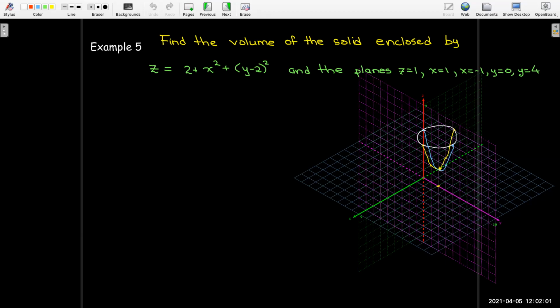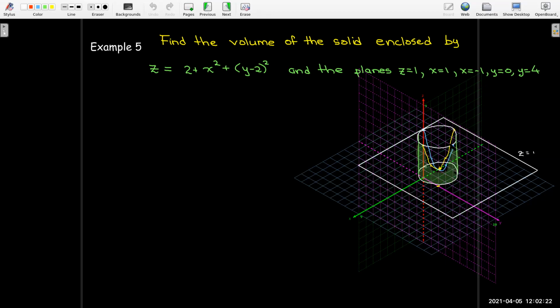And then this is something new. We're not going to actually find the volume of the surface under the paraboloid. We're going to find the volume between the paraboloid and the plane z equals 1.